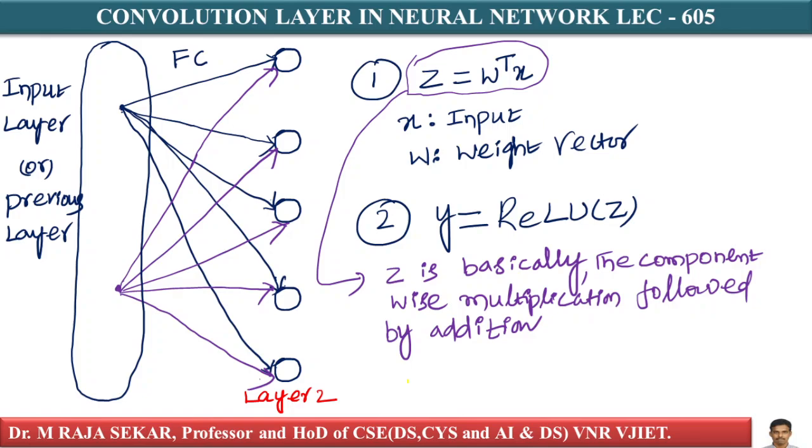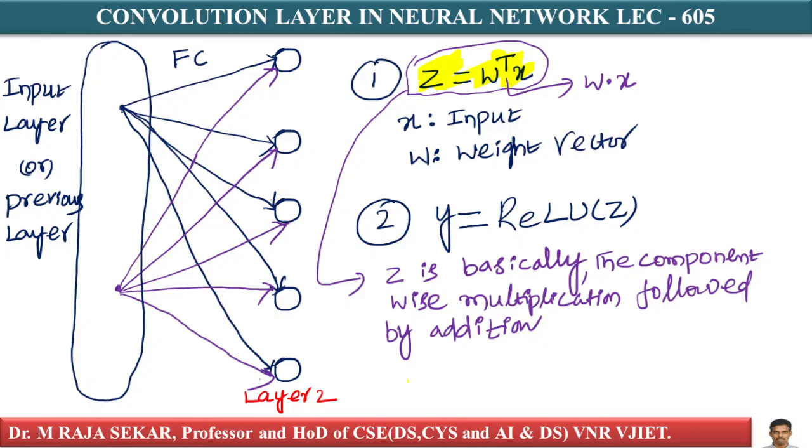This is a dot product, W dot X. So you compute Z and then apply ReLU on top of it.